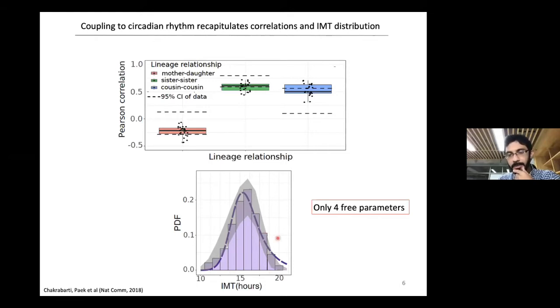So that's 3 parameters already for your distribution. And with only 1 extra free parameter, we can recapitulate all these correlations as well. That made us really happy, because we are sure that we are definitely not over-parameterizing our model.